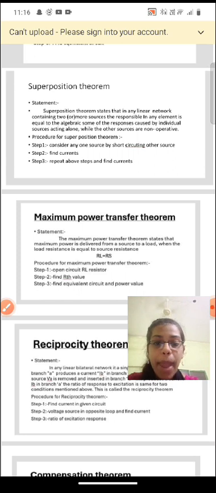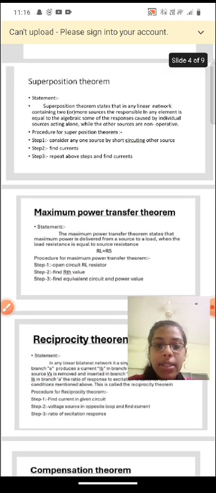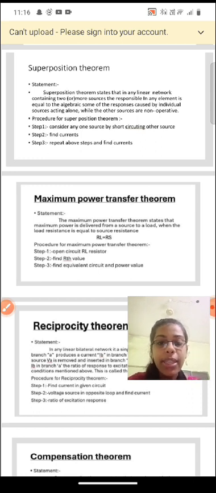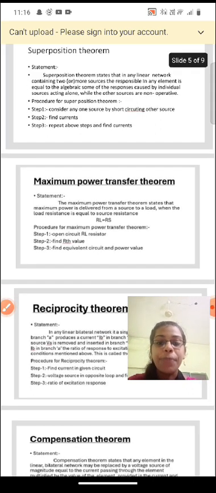Next one, maximum power transfer theorem. The maximum power transfer theorem states that maximum power is delivered from a source to a load when the load resistance is equal to the source resistance.